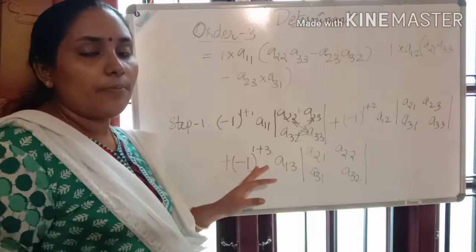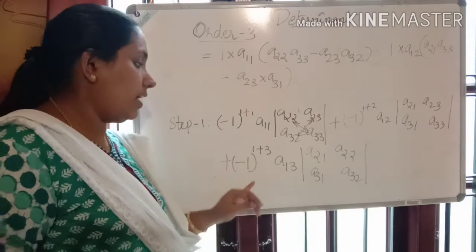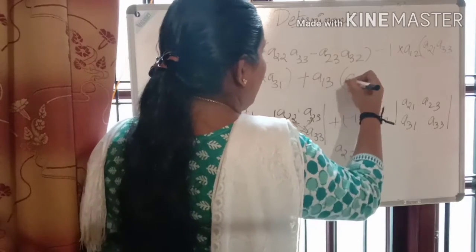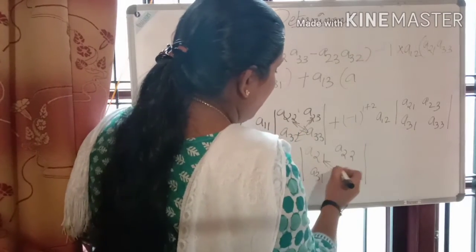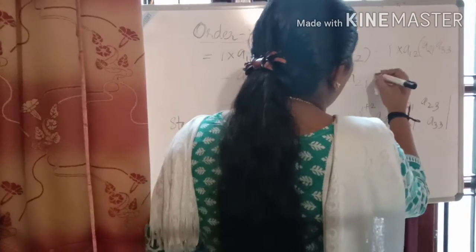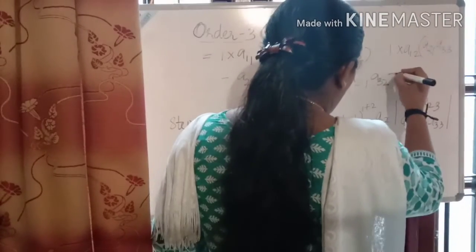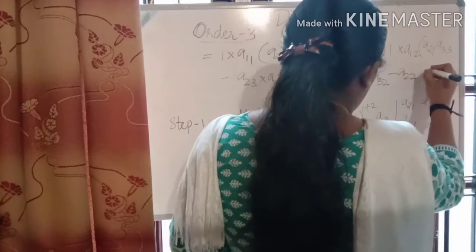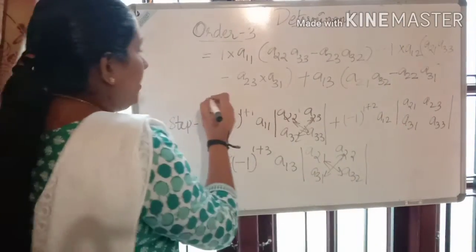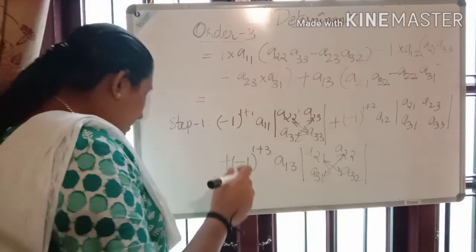Minus 1 to the power 4 is plus 1, into A13, the determinant A21 into A32 minus A22 into A31. Okay, we'll get the answer as follows.